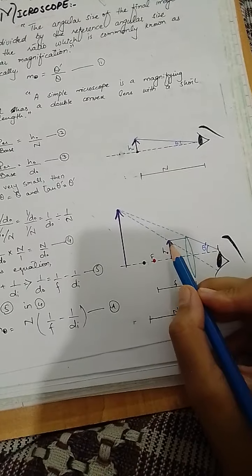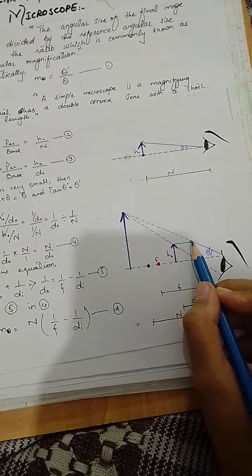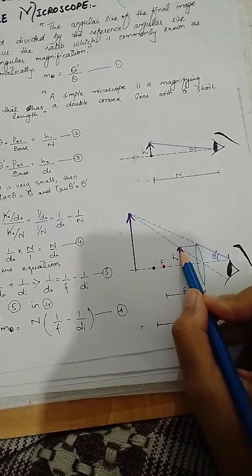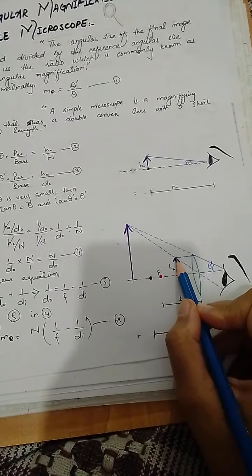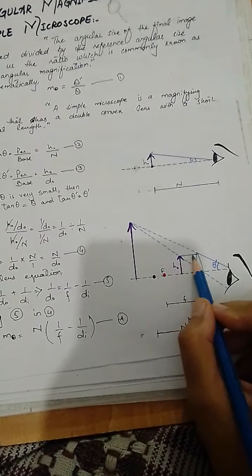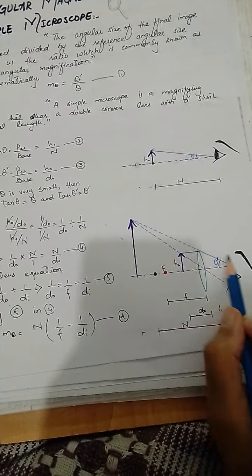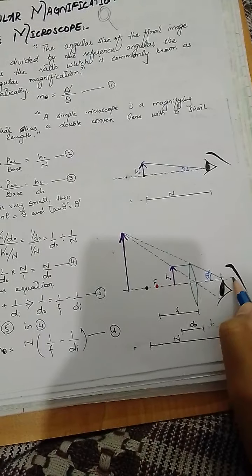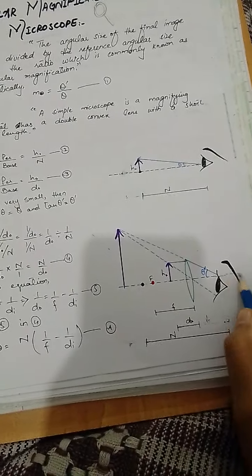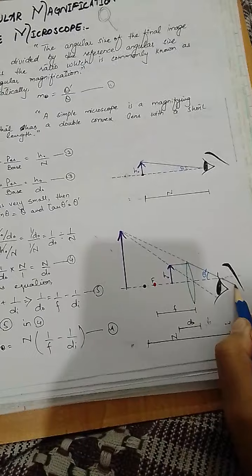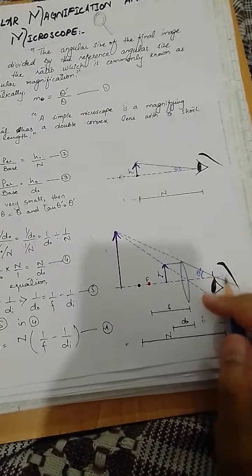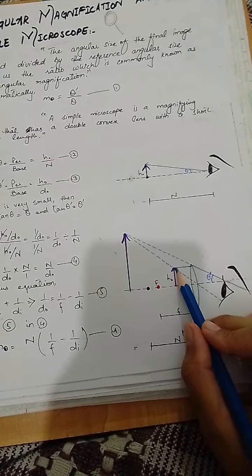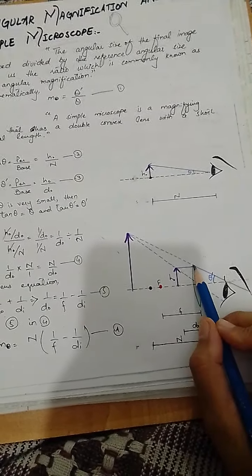Now we have to trace the ray diagrams of this object in the case of the lens. First we take the A ray. The A ray travels parallel to the principal axis and then passes through the focus after striking the lens.